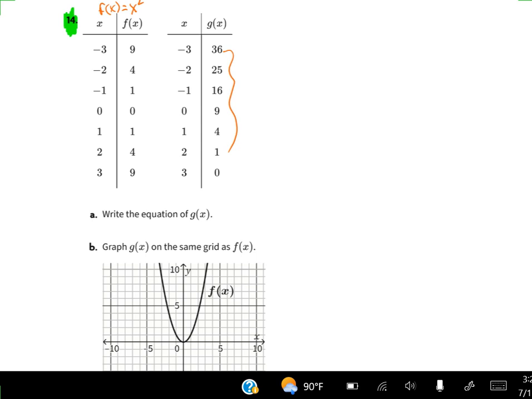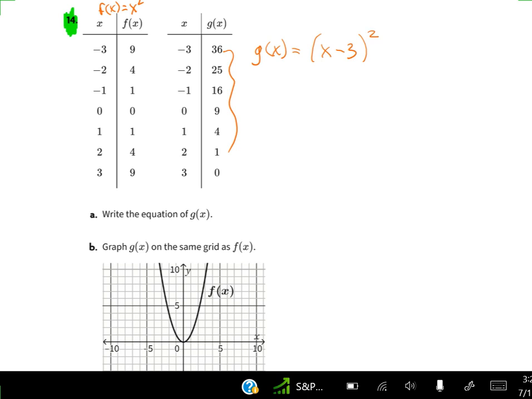So 36 is the same as -6 squared. So in order to get this, we're going to need to shift everything to the right 3. So writing this out, g of x is going to be the quantity of x minus 3 squared.